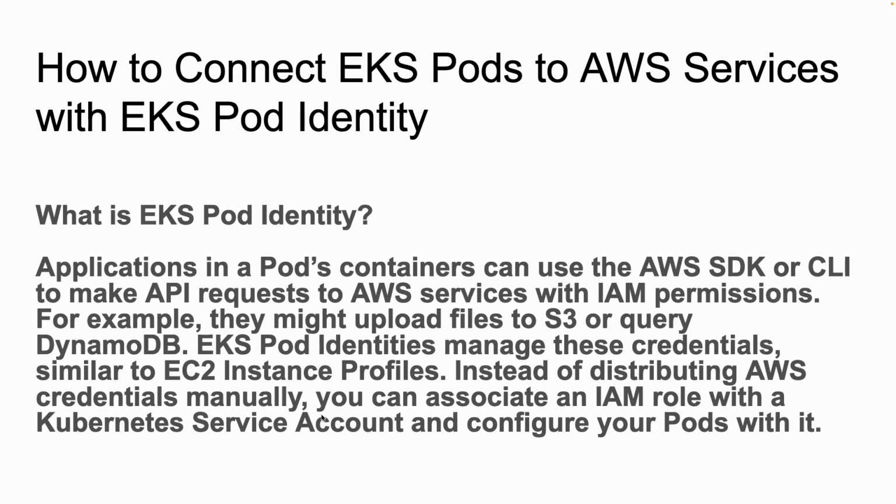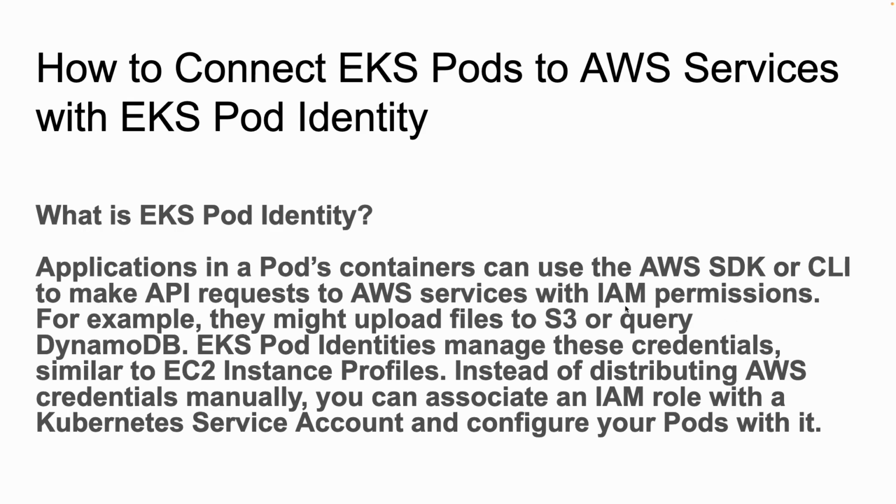So in short, or in simpler terms, using EKS Pod Identity, if your application is running inside a pod, you can use the AWS SDK or CLI to make requests to your AWS services with IAM permissions.